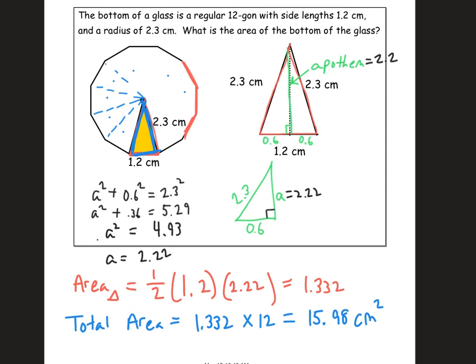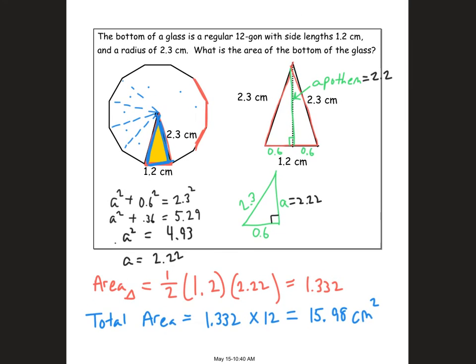That's the area of the base. If this was a glass and you needed the volume, you would start by finding the area of the base like we just did and then multiply by the height. But what we just found was the area of the entire figure, all the way around, 12-gon, 12 little triangles. We found the area. Pretty cool.